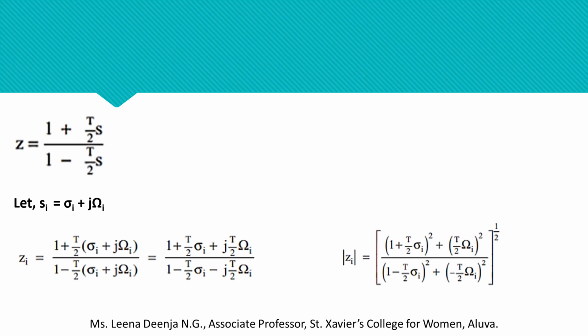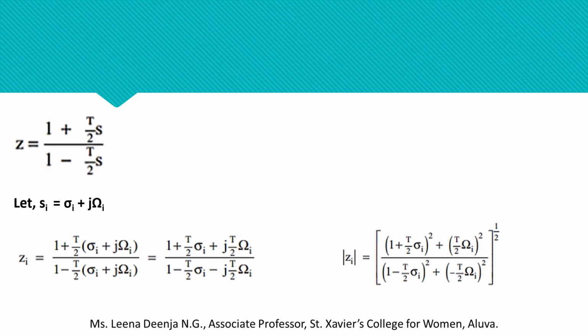We know that z equal to (1 + T/2 s) / (1 - T/2 s), and here s_i = sigma_i + j omega_i. Substituting that value, we get z_i = (1 + T/2 (sigma_i + j omega_i)) / (1 - T/2 (sigma_i + j omega_i)), that is equal to (1 + T/2 sigma_i + j T/2 omega_i) / (1 - T/2 sigma_i - j T/2 omega_i).